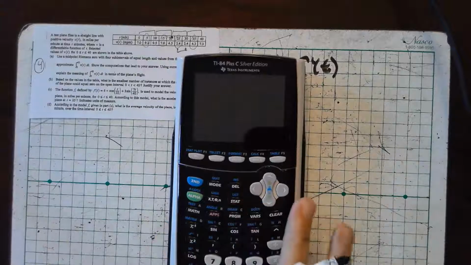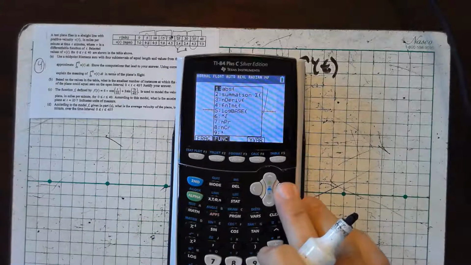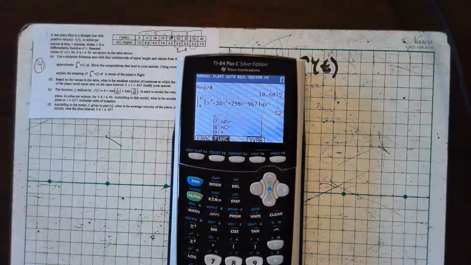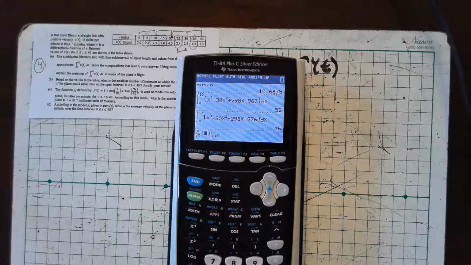All right, so what I'm going to do is, remember how I showed you to find the derivative, okay? And I'm going to plug in the function. It's 6 plus the cosine of x divided by 10, close that parentheses. All right, plus 3 sine of 7x divided by 40.